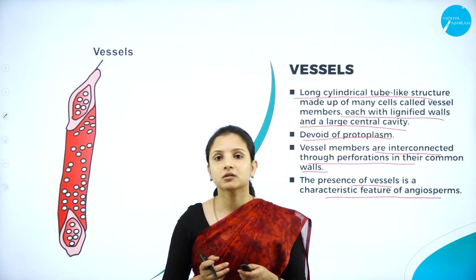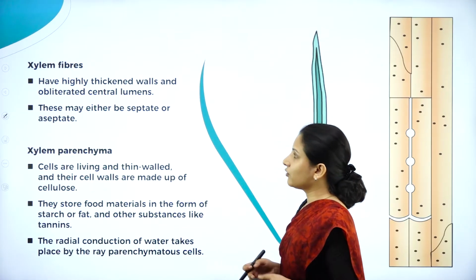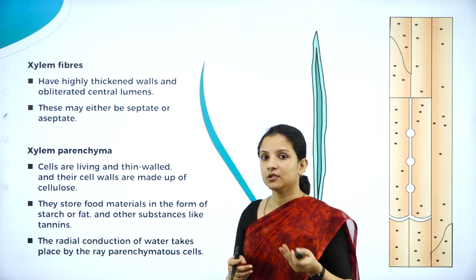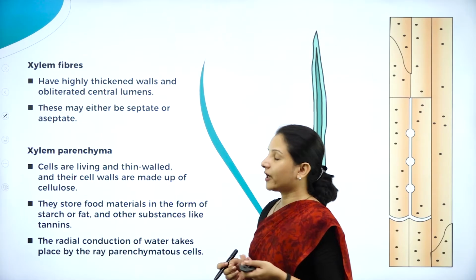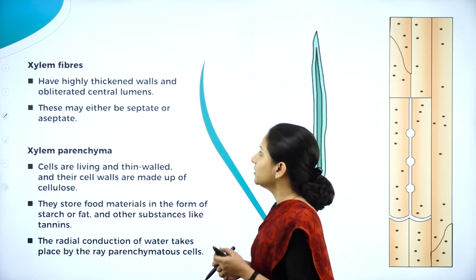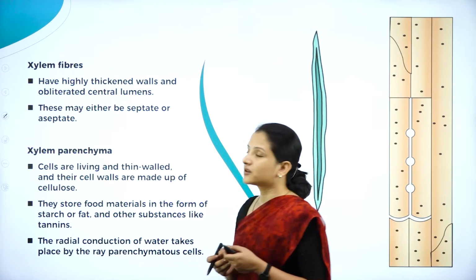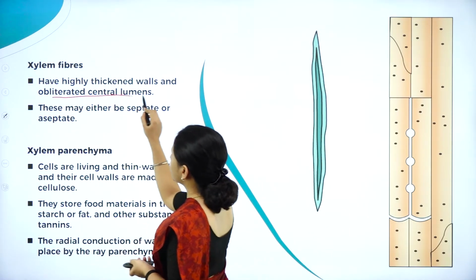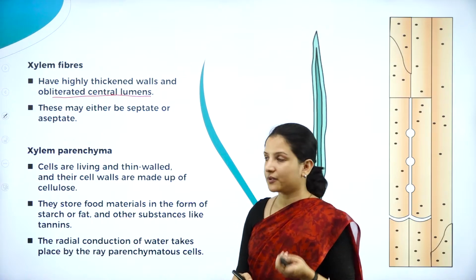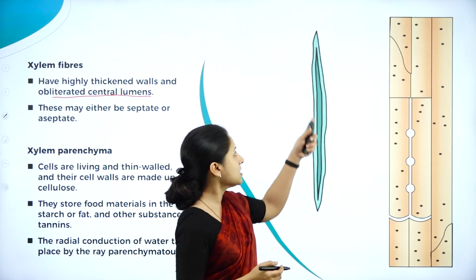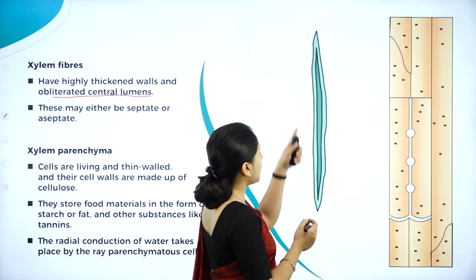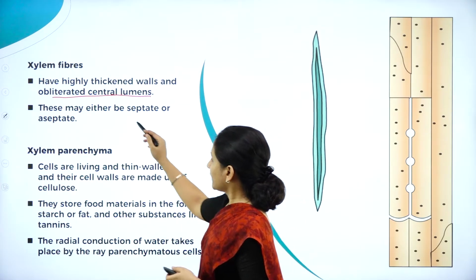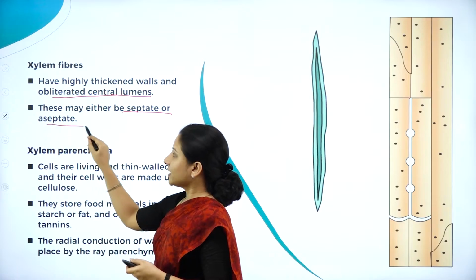So this was about the vessel. Next, moving on to two important elements of the xylem tissue, the xylem fibers and the xylem parenchyma. The xylem fibers have thick walls and a central lumen, a cavity present in them. They may either be septate or aseptate.